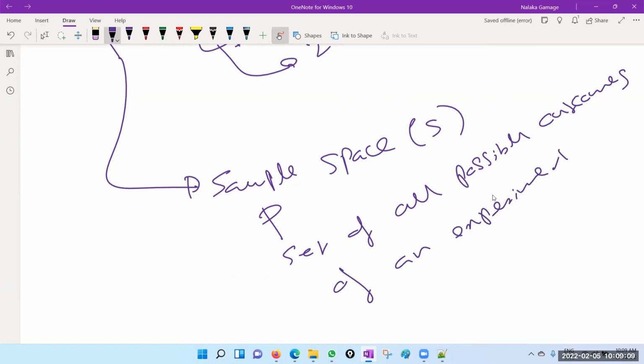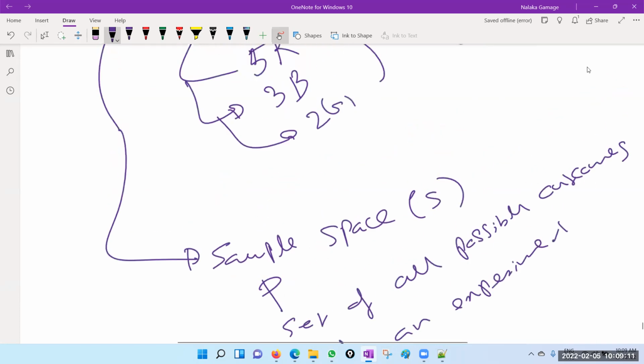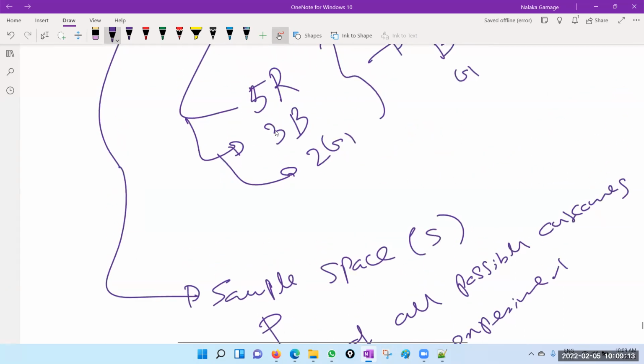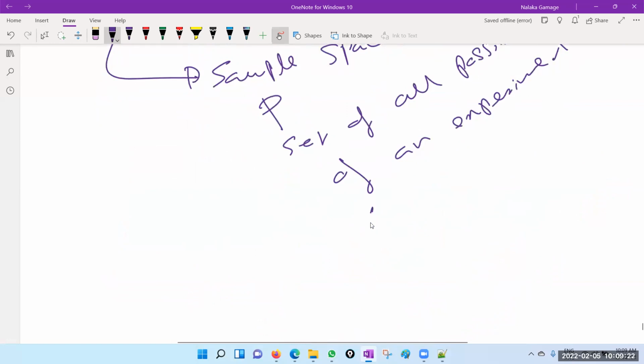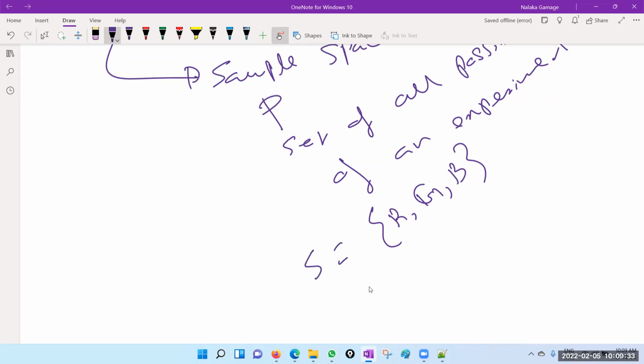For example, in the previous example, I have 5 red balls, 3 blue balls, and 2 green balls. I am taking a ball. That is my experiment. So what is the sample space? Red, green, blue. That's it. If you toss a coin, the sample space is getting head or getting tail.